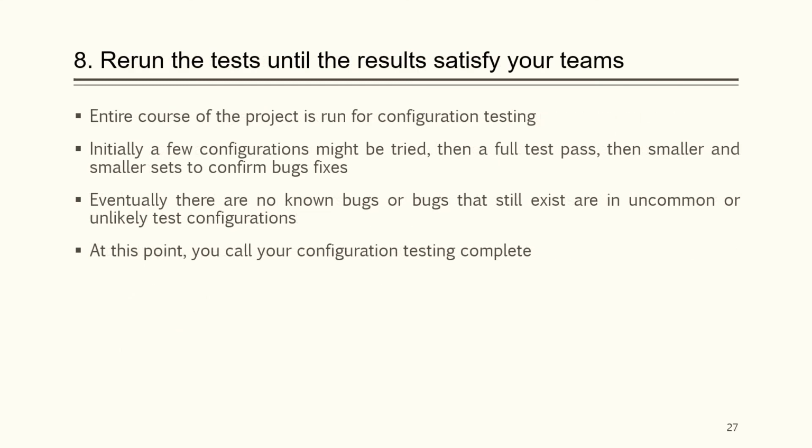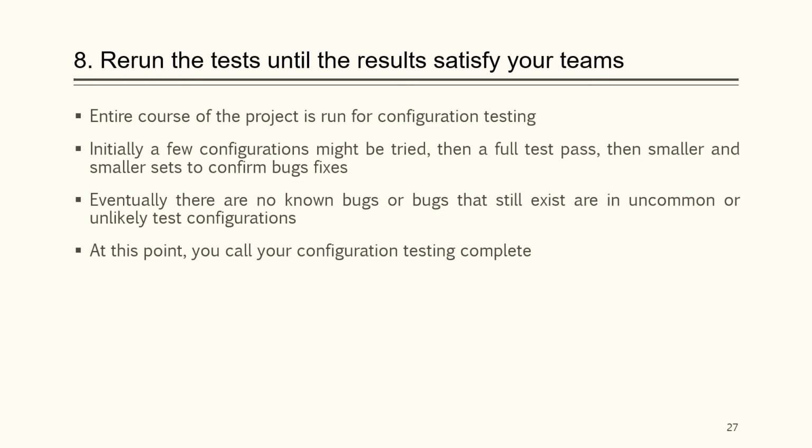Then the last step is to rerun the tests until the results satisfy your team. The entire course of the project is run for configuration testing. Initially, a few configurations might be tried, then a full test pass, then smaller and smaller sets to confirm bug fixes.